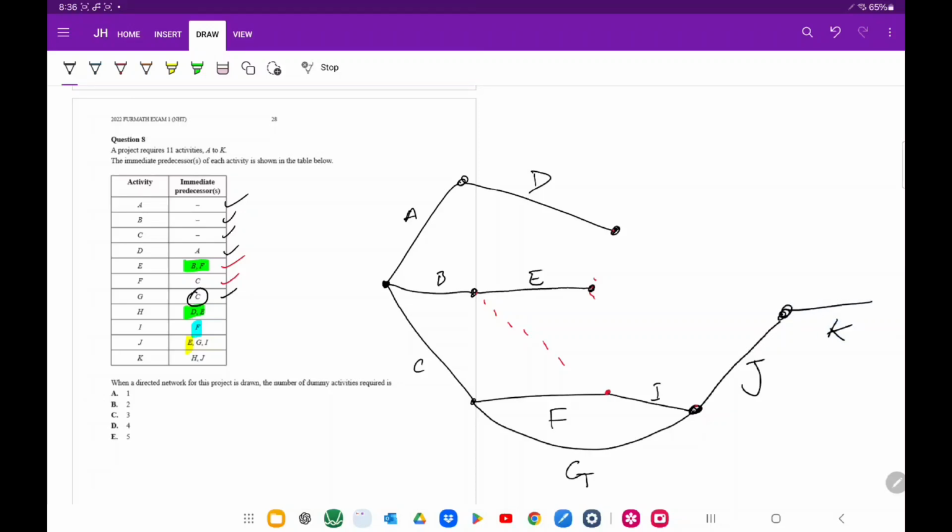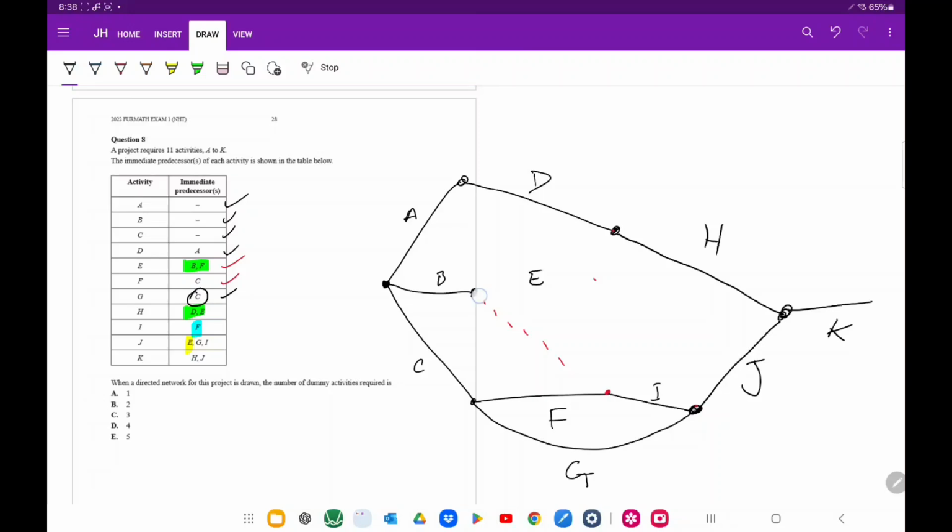So H has D and E as predecessors. Now, it comes down to the question of what we do with this E block right here, because the predecessor of H is E. This indicates to me that there is no solid line that joins this particular case, because if this was fully joined like a line, actually I should probably draw it like this.